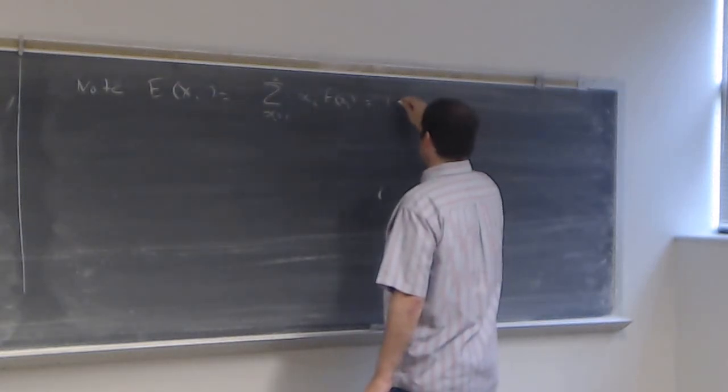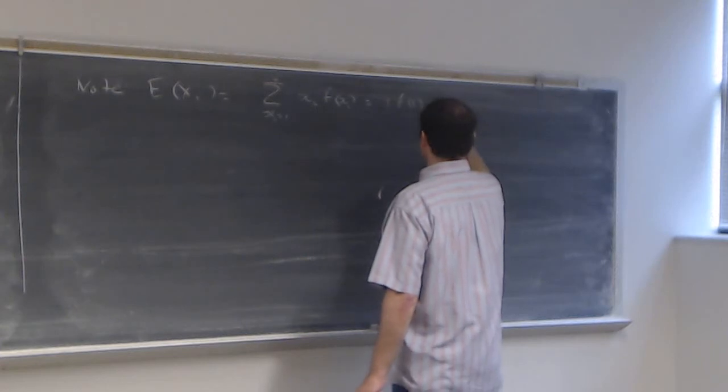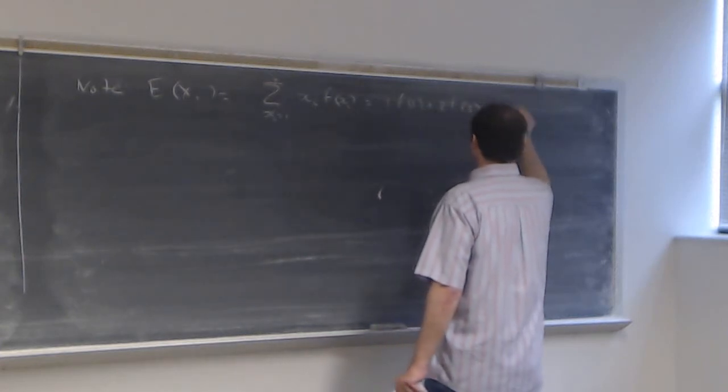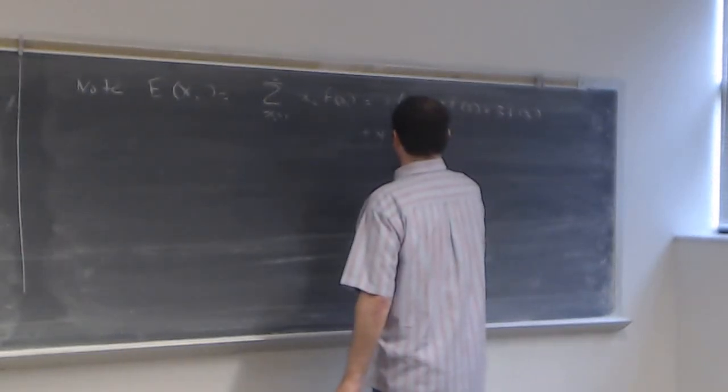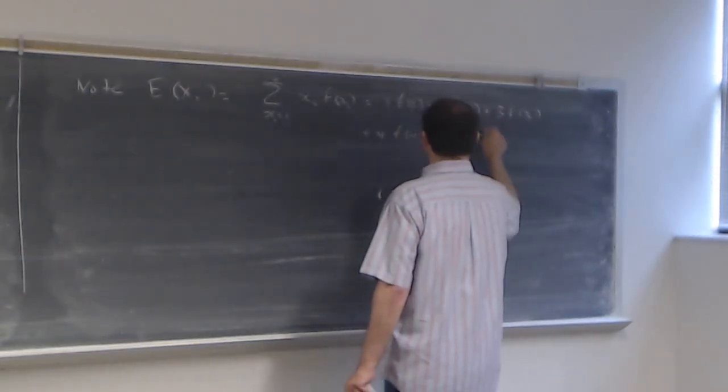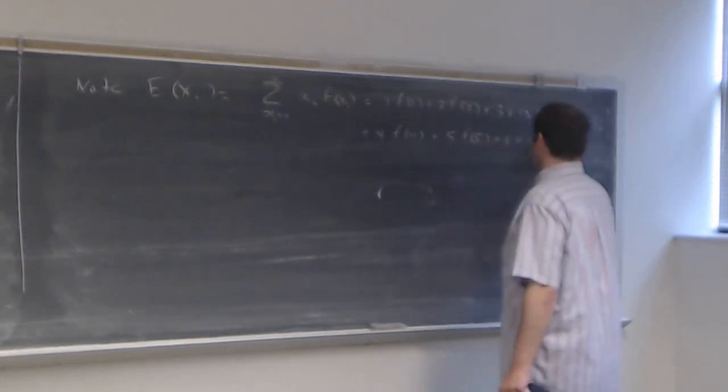That's equal to 1 times f(1) plus 2 times f(2) plus 3 times f(3) plus 4 times f(4) plus 5 times f(5) plus 6 times f(6).